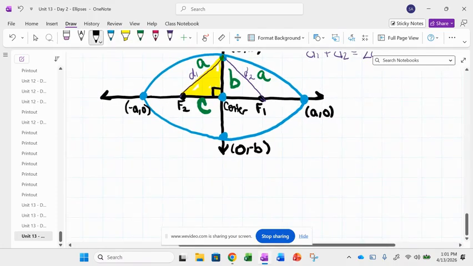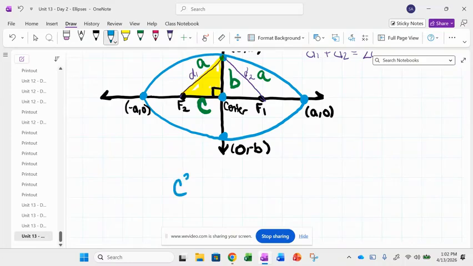So what does this mean? I'm going to use the Pythagorean theorem: a squared plus b squared equals c squared. Leg 1 squared plus leg 2 squared equals the hypotenuse squared. Here, a is our hypotenuse, not c, because I labeled a as the hypotenuse. So c squared plus b squared equals a squared.